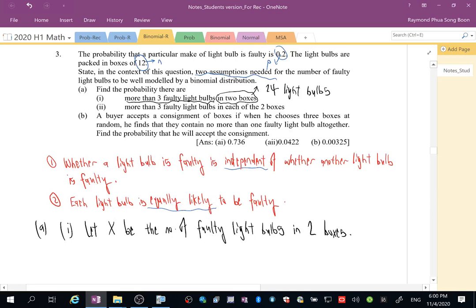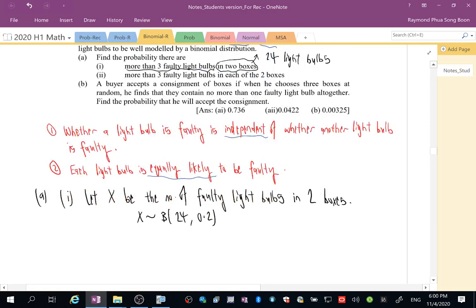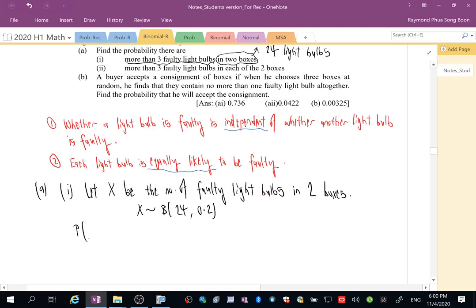Then after that, we write down the two parameters. X follows a binomial distribution with n equal to 24, since in two boxes there are a total of 24 light bulbs, and p equal to 0.2, the probability of each light bulb being faulty. Now that we have defined the random variable X and written down its distribution, that is the values of the two parameters n and p, we are ready to calculate the probability that X is greater than 3.